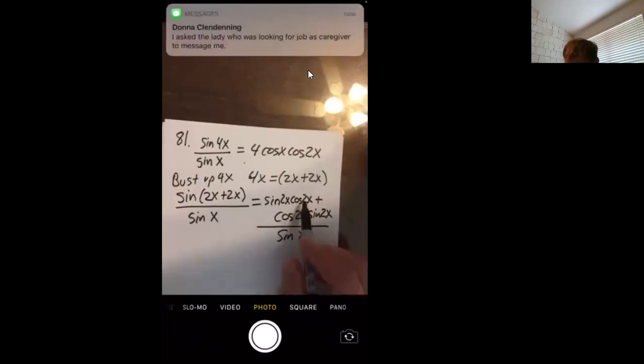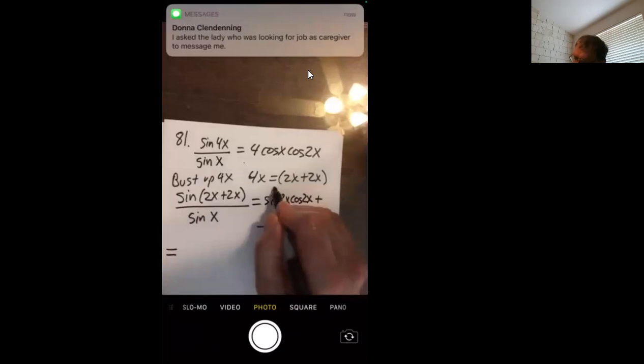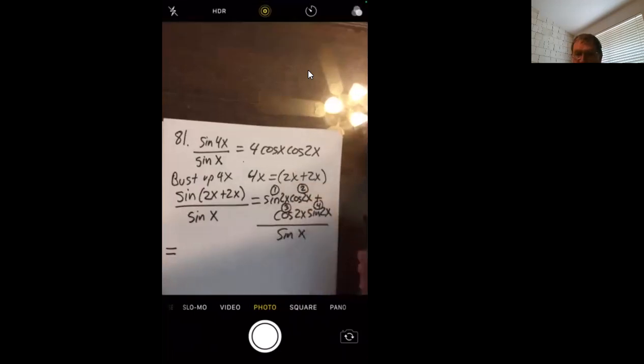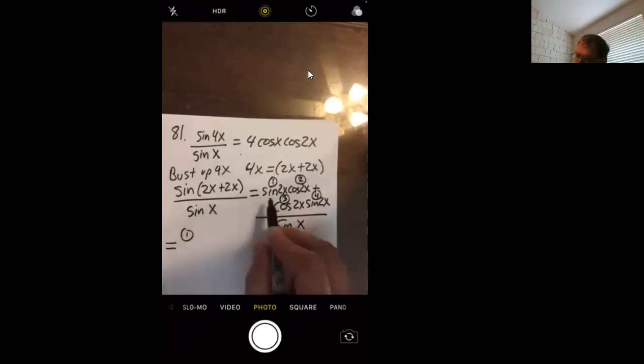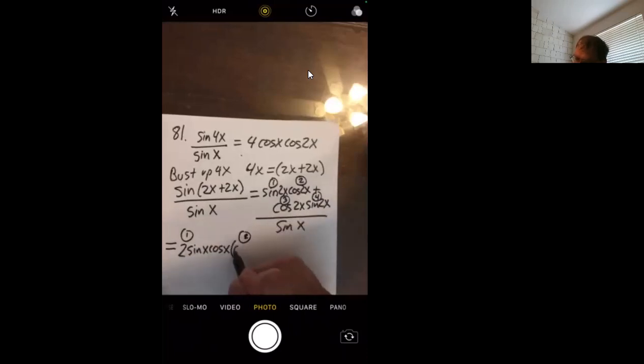Now I've got formulas for double angles here. So how about sine of 2x, piece 1, I'll just number them, piece 2, piece 3, piece 4, otherwise the gibberish is going to get bad. Piece 1 is your sine of 2x, that's twice sine x, cosine x. Piece 2, let's use the first version, cosine squared minus sine squared.